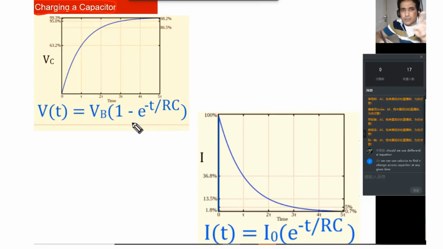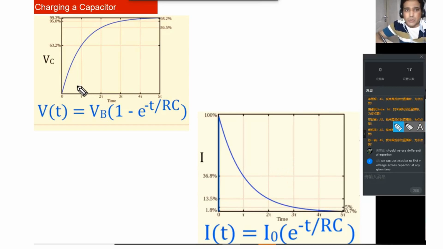In a circuit, first of all you can use Kirchhoff's second law, KVL, and then we just differentiate and you will get the answer. We can prove this, but we don't need it now. We just need to understand how to calculate the formula.